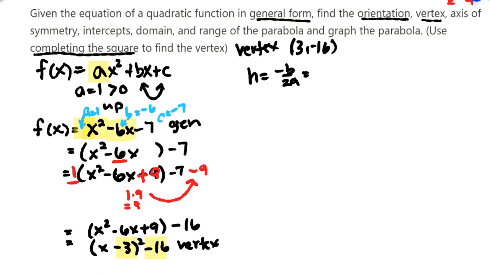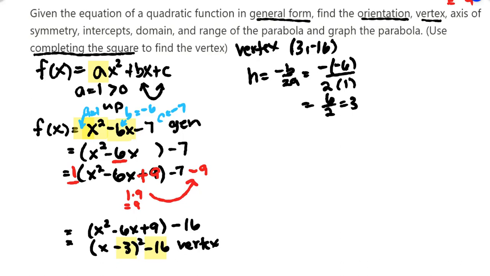So -b, that's -6, over 2 times a, which is 1, would give a positive 6 in the numerator, 2 in the denominator, and that's 3. So the x-coordinate of our vertex is 3.